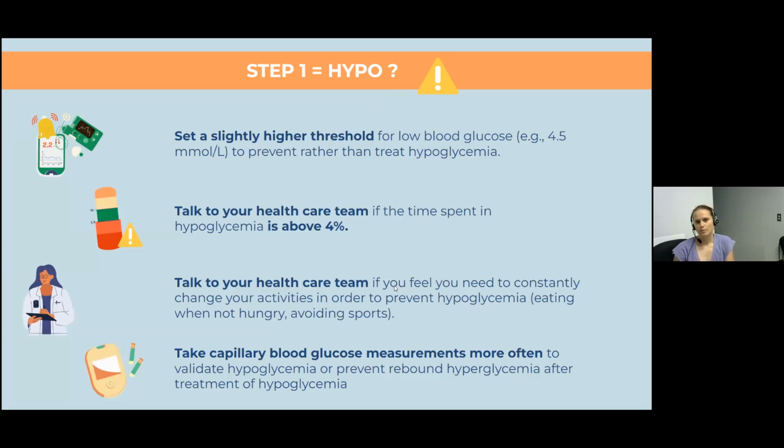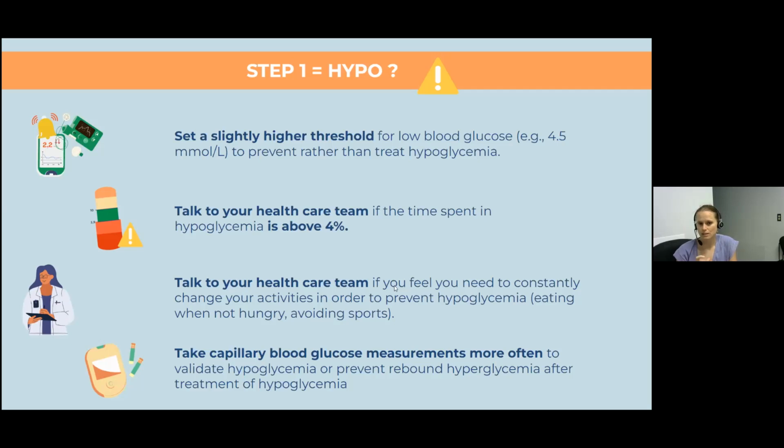A few words on hypoglycemia and CGMs, just a few reminders on how to deal with hypoglycemia. With the CGM technology, try to put a threshold that is a little higher. So don't put your threshold at 3.9, because first of all, around hypoglycemia the CGM tends to be less precise, especially if your blood glucose is fluctuating very rapidly.